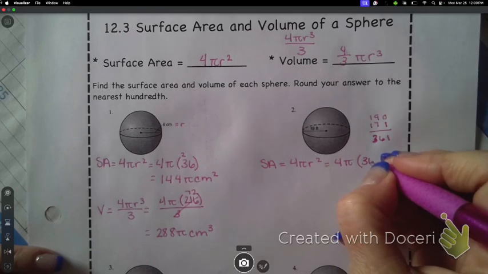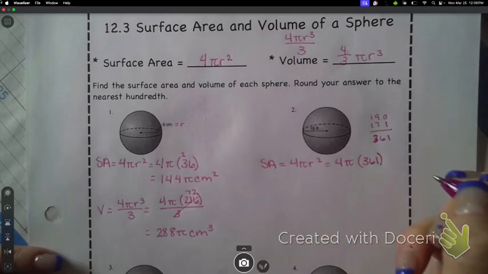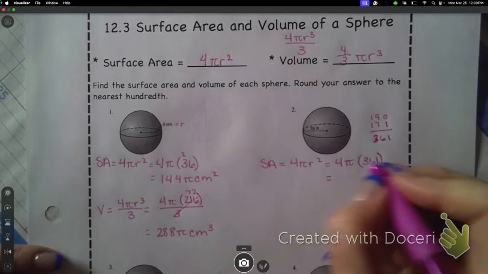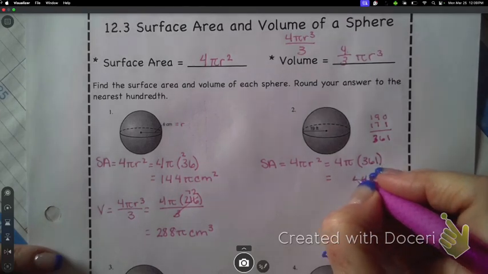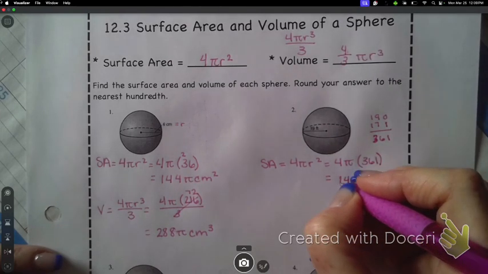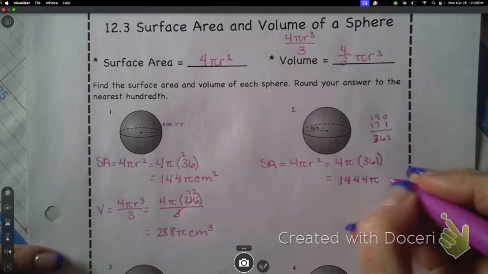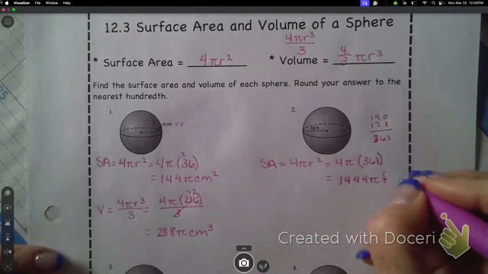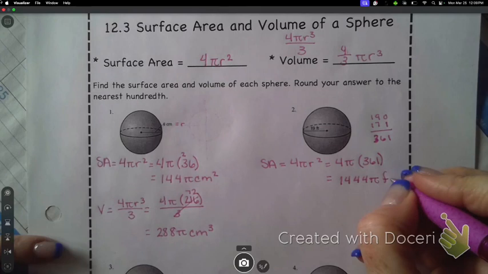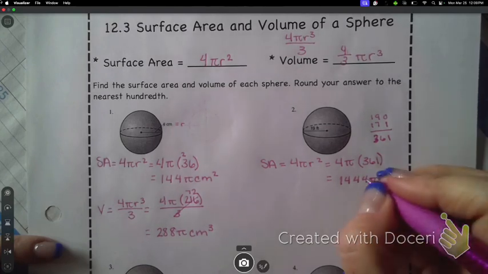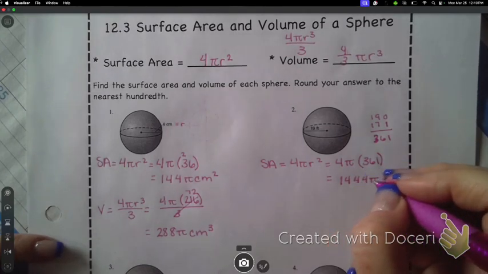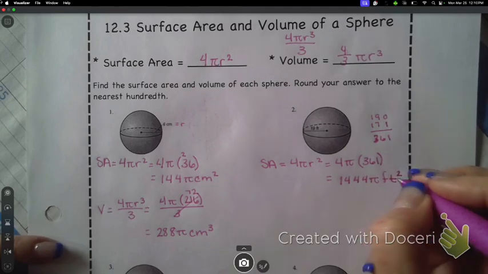So 361. So 4, 4, 4, 1. It's a lot of fours. So 1,444 pi feet squared.